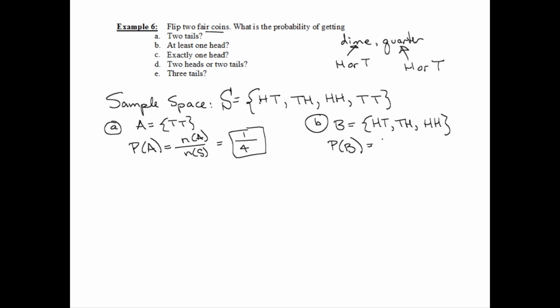Well, we're going to take the number of elements in B and the number of elements in the sample space and divide. The reason we can do this is because each of these is equally likely. Fair coins means heads, tails, equally likely. So here we have 3 in our set, and we have 4 altogether, so 3/4 would be the probability that we're looking for.